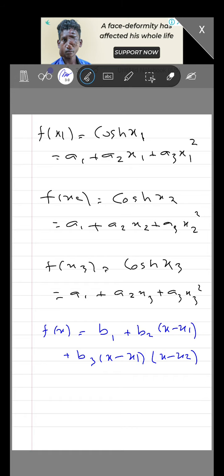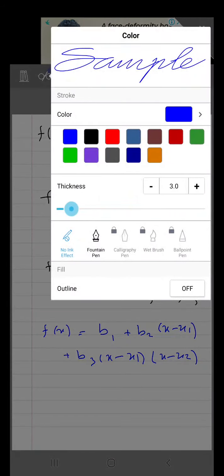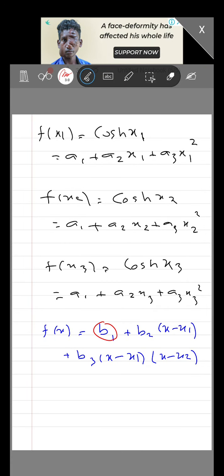So now our objective is to find the coefficients b1, b2 and b3.